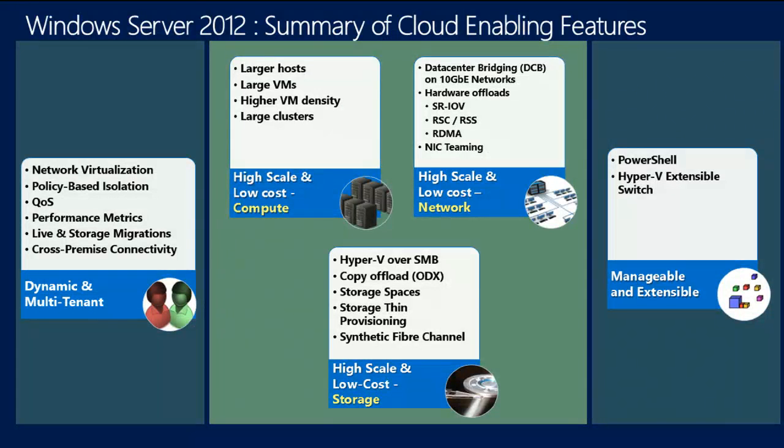All of these things were enablers for the scenario of building clouds using Windows Server. What you don't see here is the full solution. What we've focused on in 2012 was really building the right platform, and then using that as the foundation for building a full solution on top of that.